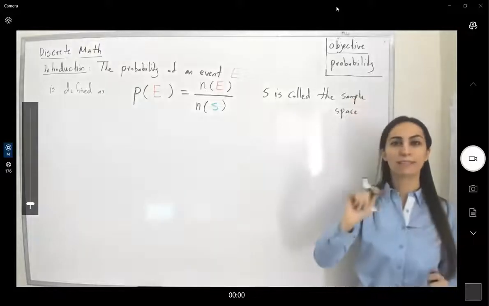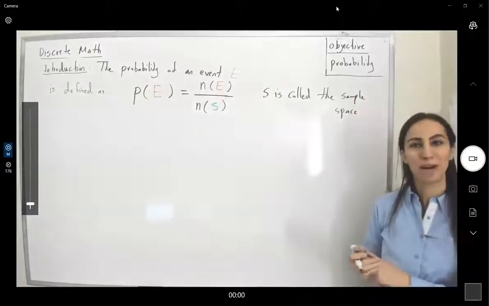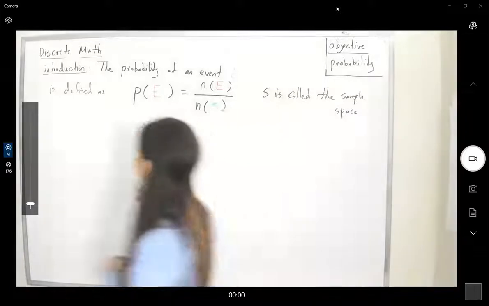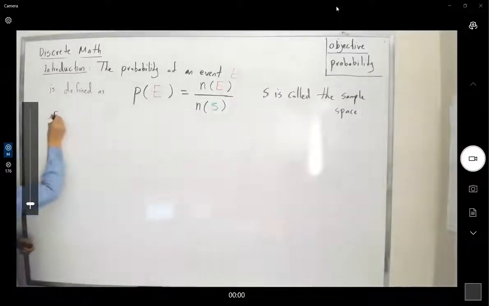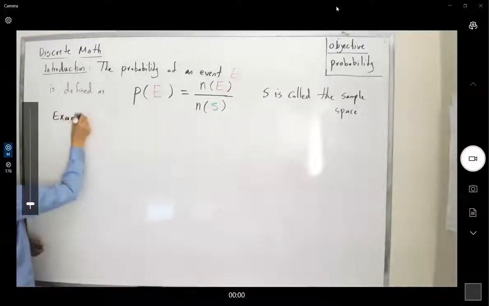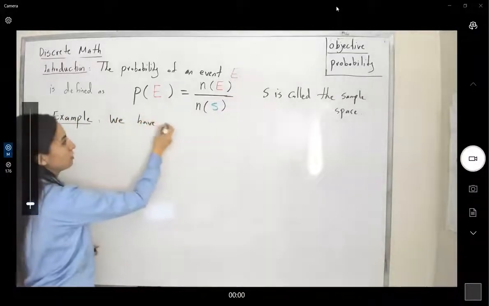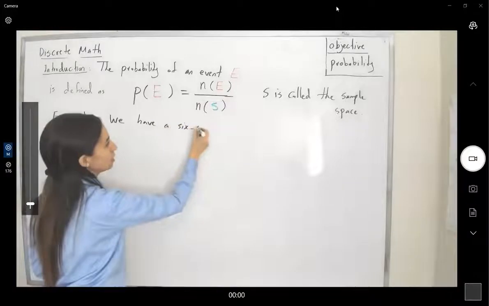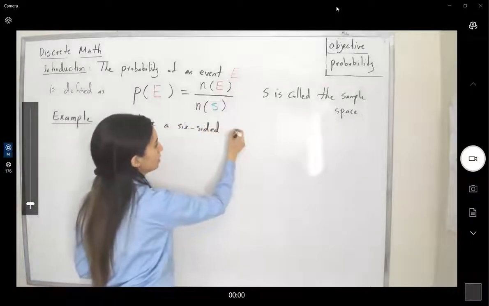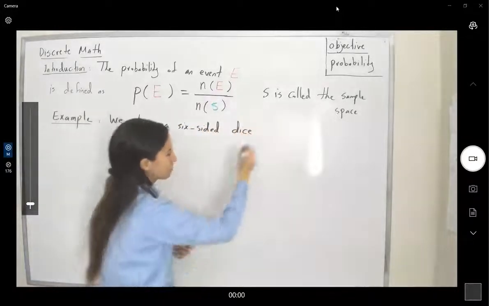Let us go over one example to feel more comfortable about these definitions. Example. We have a 6-sided dice.